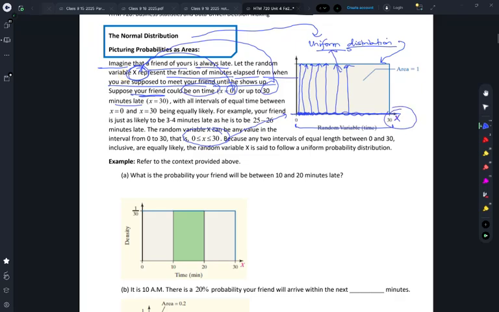So we can say that x, the number of minutes late, which can have values between 0 and 30, has a uniform distribution because each of its possible values has a uniform likelihood of occurrence in a particular instance.